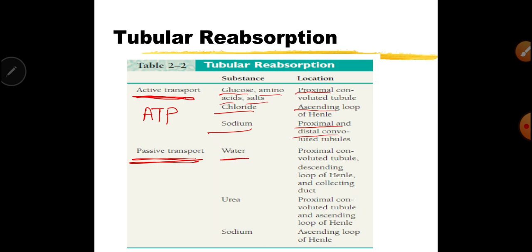And this will include water, urea, sodium. Proximal tubules and descending loop of Henle and collecting ducts will be responsible for the reabsorption process. Urea will be reabsorbed in the proximal tubules and ascending loop of Henle only with sodium.